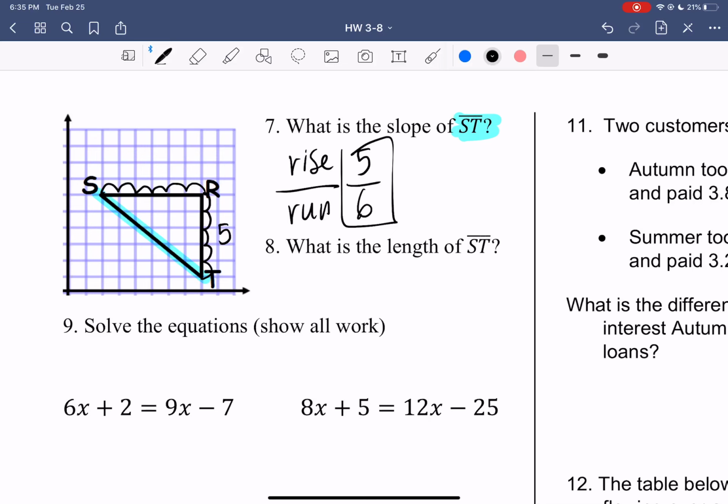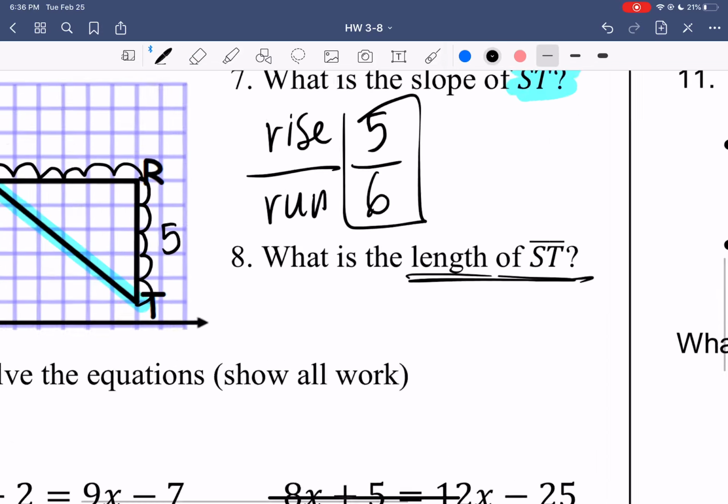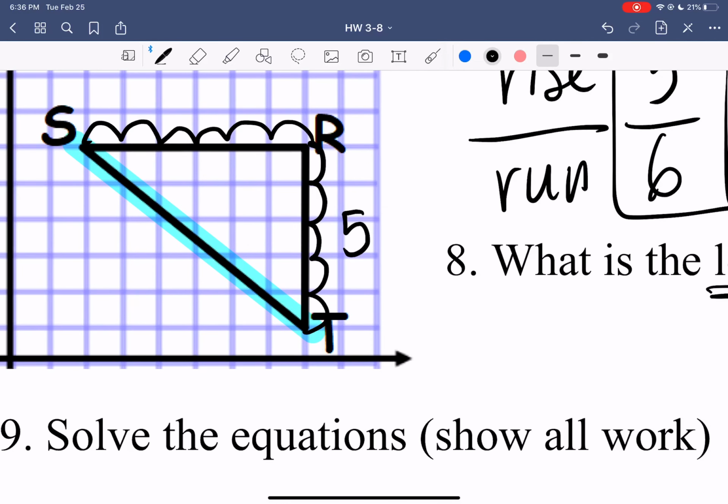But here, it's saying what is the length of ST. So if we wanted to know the length, I'm going to zoom in. The length of this, so counting, does not equal 1, so we can't just count.